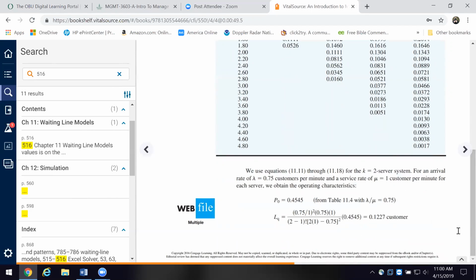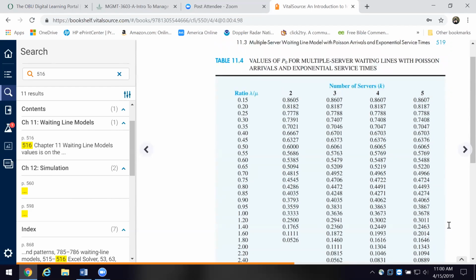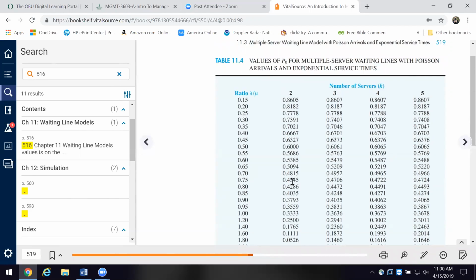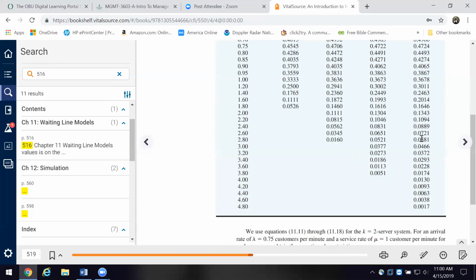We go down, we interpolate, we find that 0.45 right here, for 2 servers, and we plug that into the equation, and here we get the number of customers per minute based on the operating characteristics. This table is based upon the probabilities.